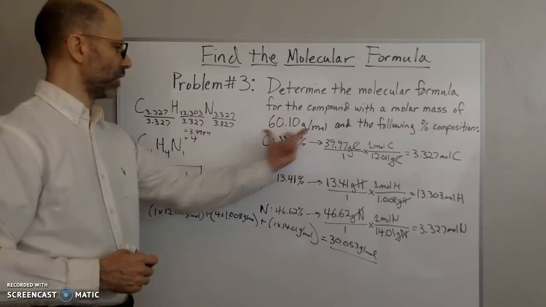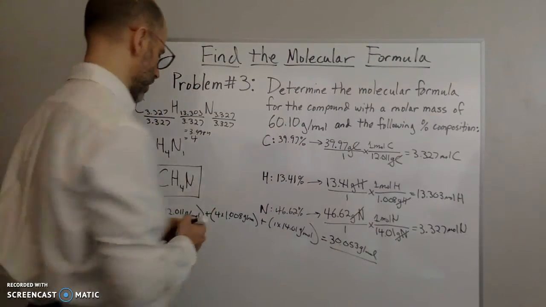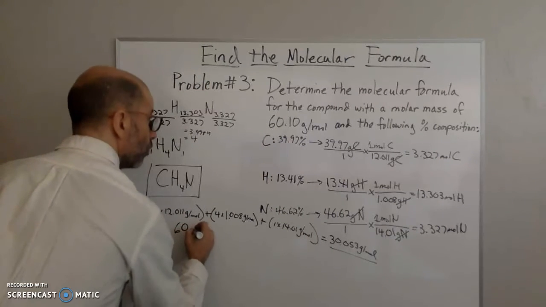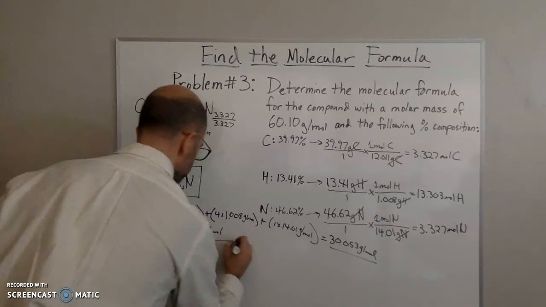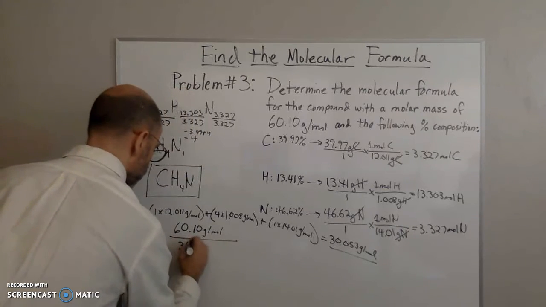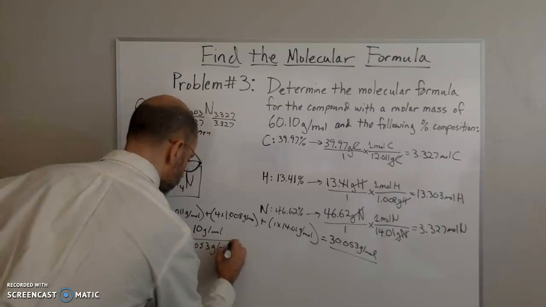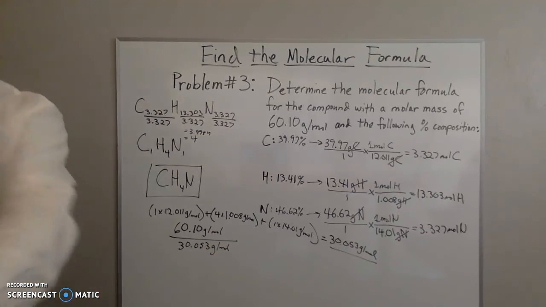Now I want to compare that to the molar mass. So I'm going to divide this into that. I take my 60.10 grams per mole divided by 30.053 grams per mole, and it looks like it's going to be really close to 2.